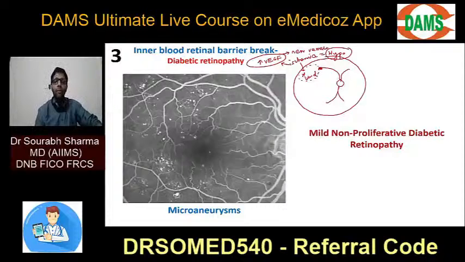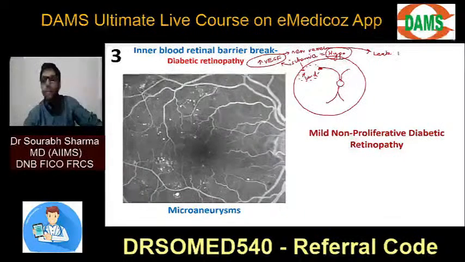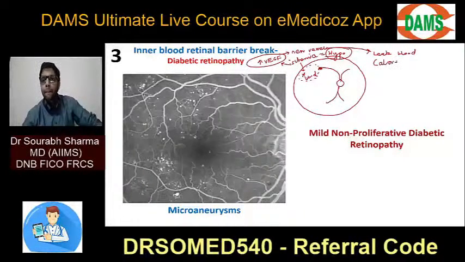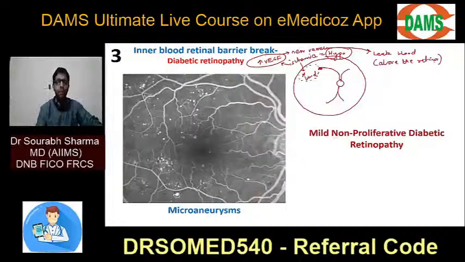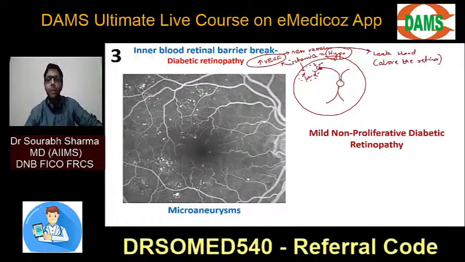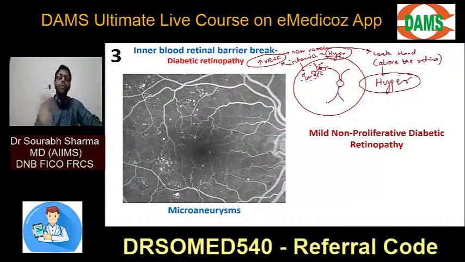New vessels are formed, they leak blood, and they are present above the retina layers. They are abnormal vessels. They leak blood, and they will leak the dye as well, so they will be hyperfluorescent. So the ischemic retina is hypo.